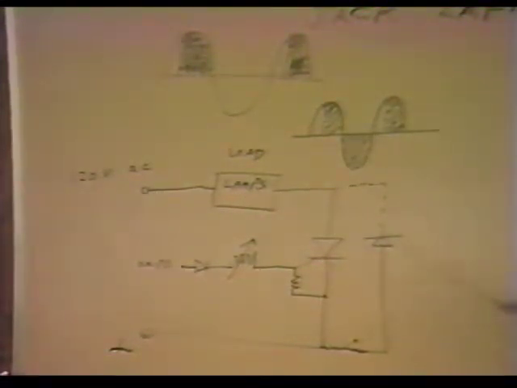We can turn this SCR down so that it turns on almost at 0 and you get full current through the lamp, or you can turn it off until it goes to the peak and you get only partial current through the lamp, so you get a light dimming circuit. That's one use of an SCR.